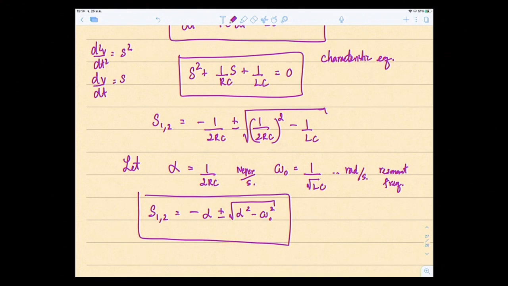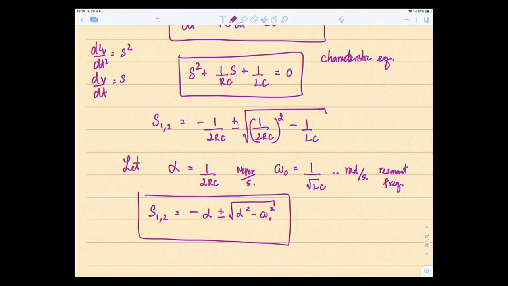So that's how you get your response. And of course, since this has no forcing functions, it's source free, your solution would consist of only the natural response.